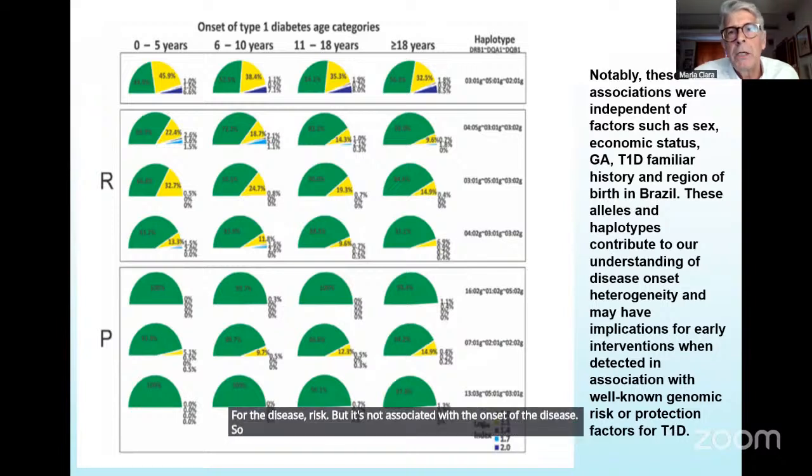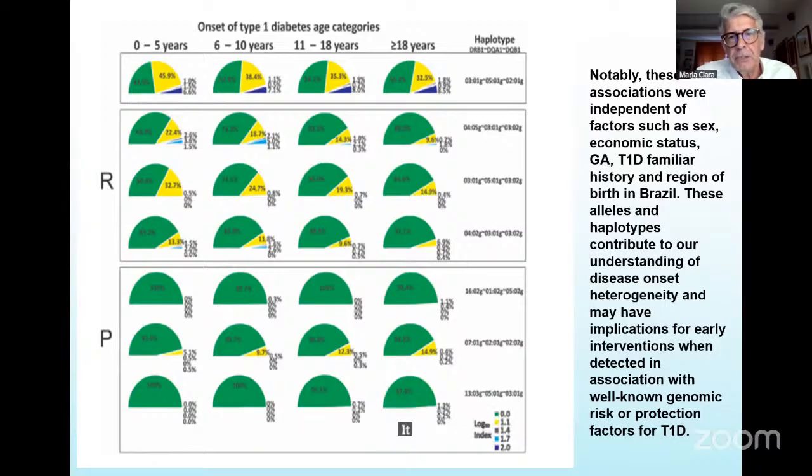So 0301, 0501, and 0201 is a risk for the disease, but all groups have this haplotype, not only people with onset at 0 to 5 years, 6 to 10 years, 11 to 18 years, or more than 18 years. So you can see that it's about 45% in the first group and also 32% in the last group. So it's a mark of the disease, not of the onset.